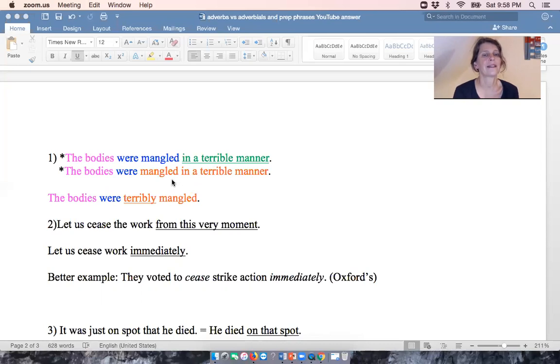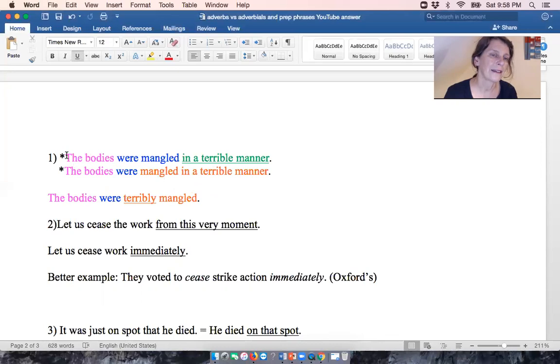I would still say it's a participle because we still see that there's some action, some received action. So I do like this interpretation in this particular case because we see that something was done to the bodies. They were the recipient of action. But you see, it depends on so many different perspectives of how you want to analyze the sentence.